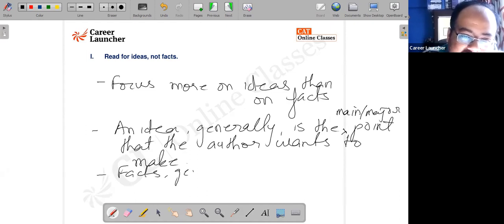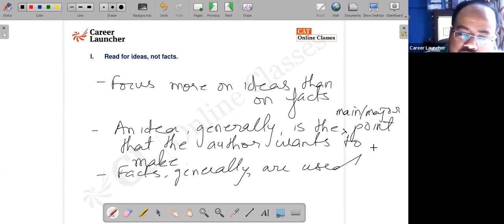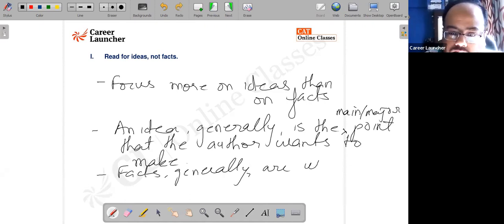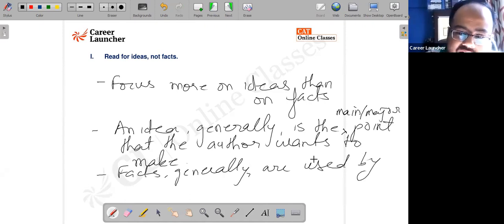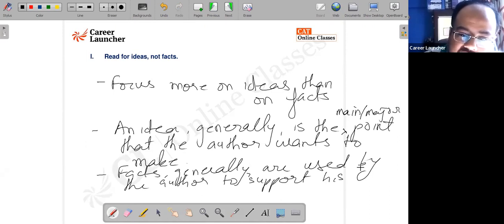Facts generally are used by the author to support his or her point.